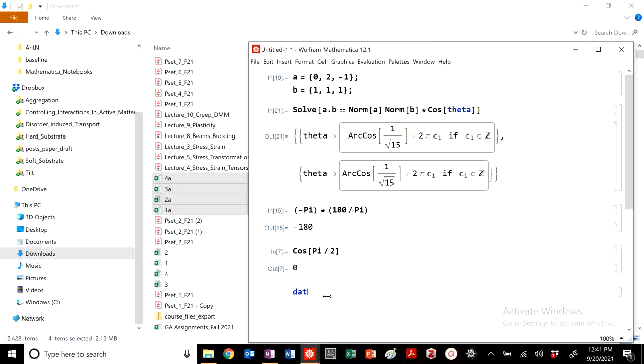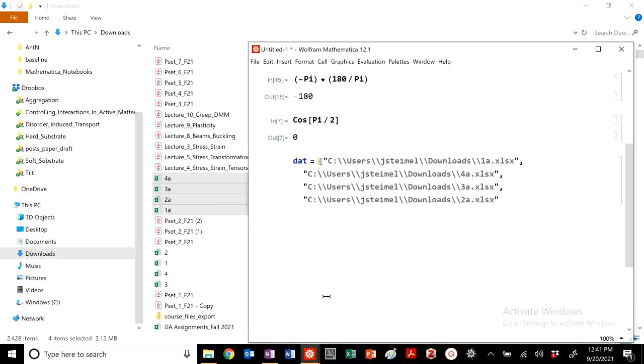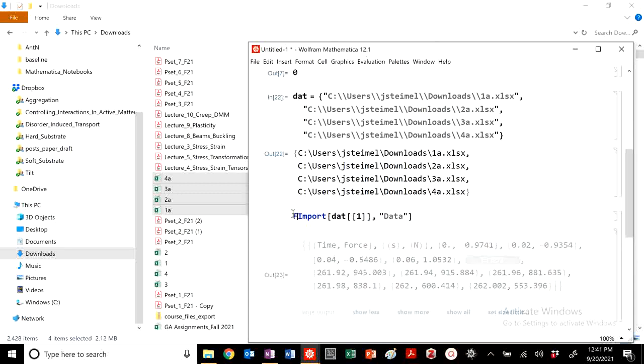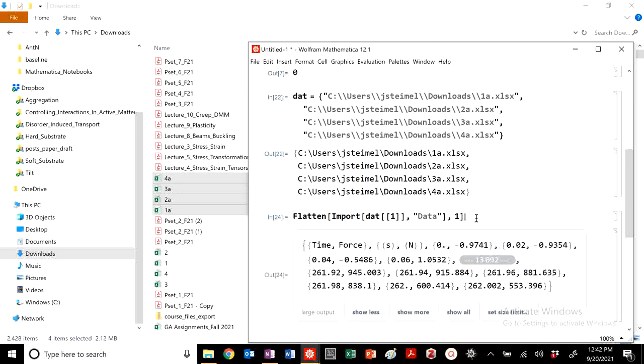I'm going to look at 1, 2, and finally 3. So I need to import dat 1 data and flatten it as 1. First, I'm just going to import this data and convert it to files that I can work with.